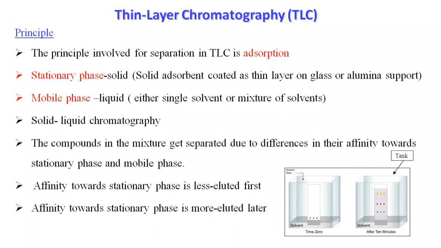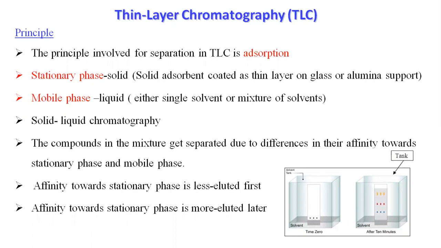The compounds in the mixture get separated due to their differences in affinity towards the stationary phase and mobile phase. If any compound has more affinity towards the stationary phase, it will be eluted later.